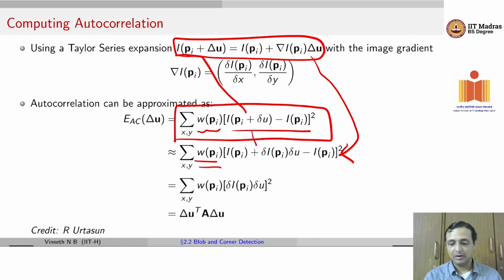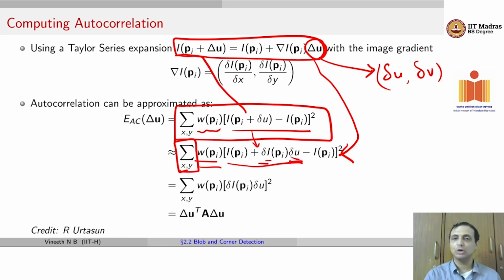This first term here gets written as I of pi plus grad I of pi delta u, minus I of pi. Just to explain the notation here, by delta u we mean a vector delta u and say delta v. Because we have taken out a summation here, we are simply writing it as one of those delta u's inside, right? So anyway, there's going to be a summation for delta v, which will take care of the other component of delta u.